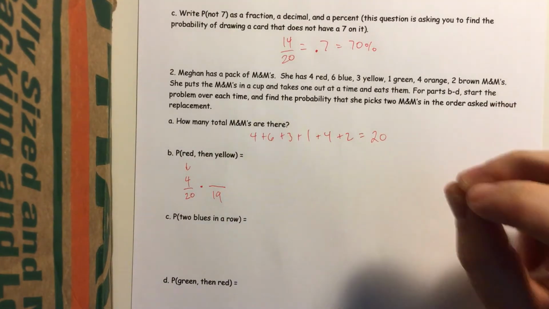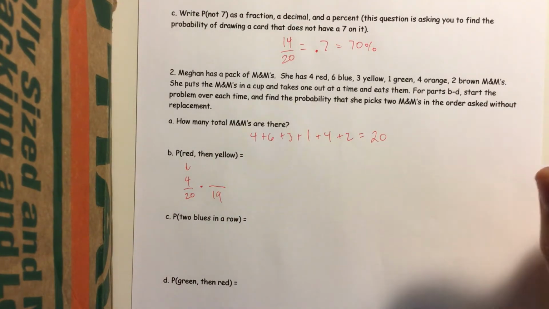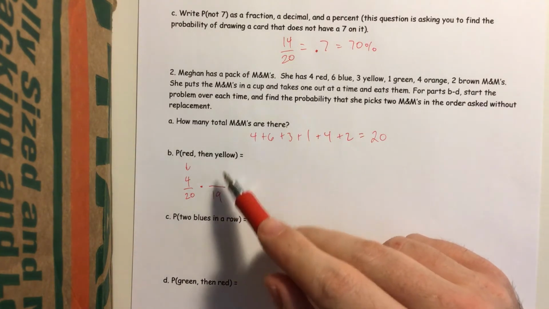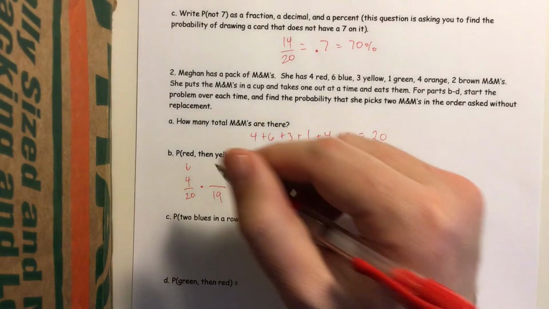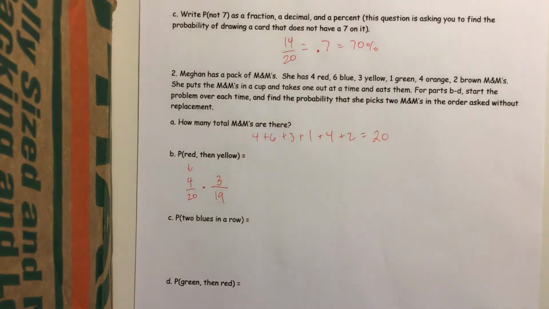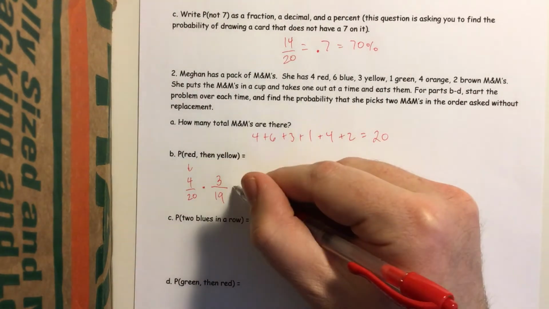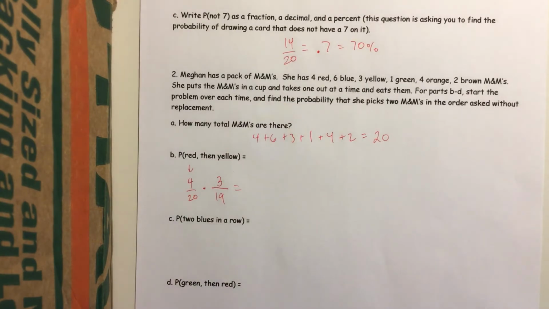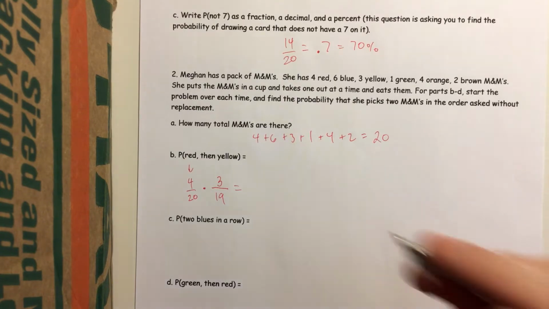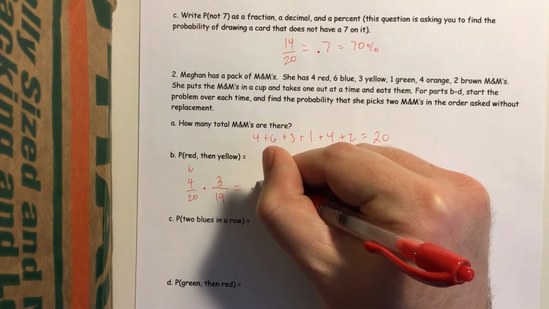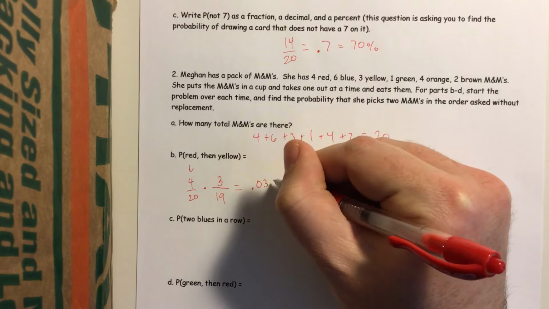We are not replacing that M&M. This is those dependent events that we were talking about in the notes. So we only have 19 M&Ms left. How many of them are yellow? We have 3 yellow ones. And we want to multiply these two numbers together. So 4 over 20 times 3 over 19. We're going to get another ugly decimal, 0.0315, so we'll say 0.032.